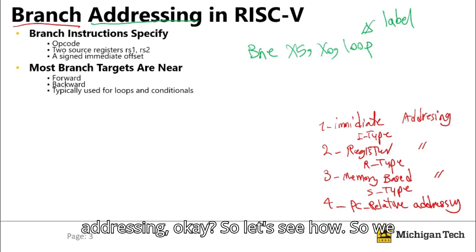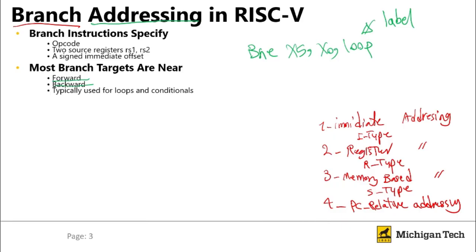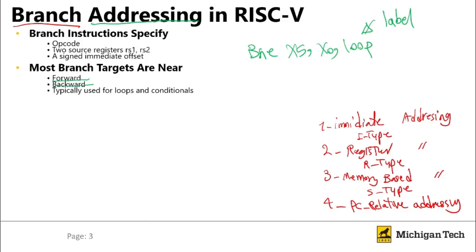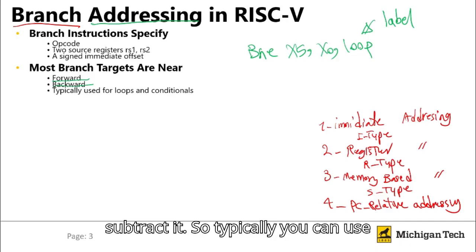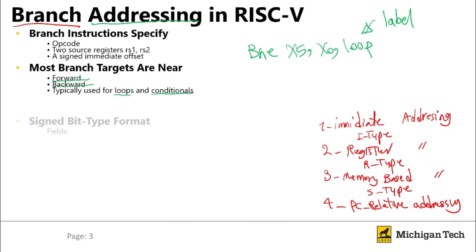So let's see how. We can do forward branch, backward branch, so it is actually signed, you can go up or down, we can add or subtract. So typically you can use it for loops or conditions.